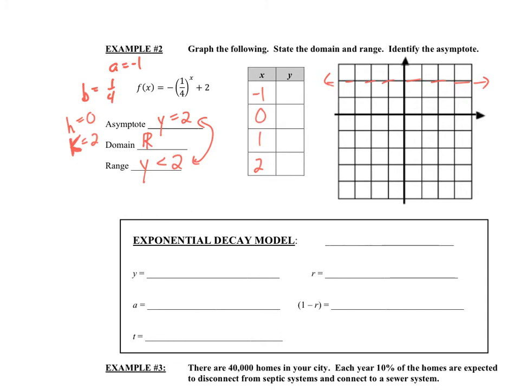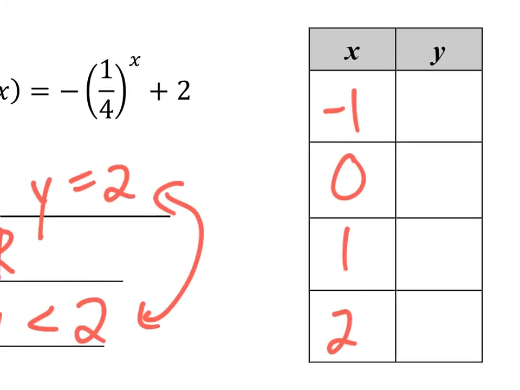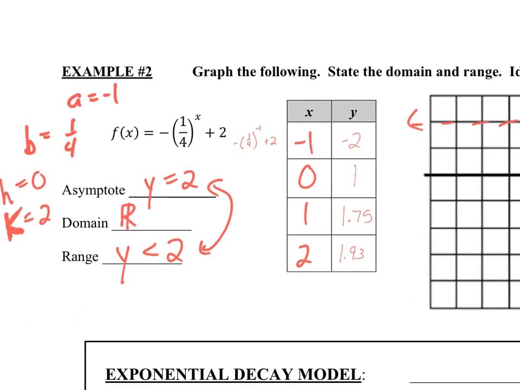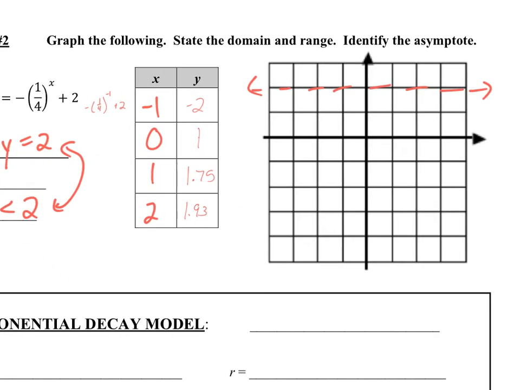When we type these in our calculator, I would type it in just as it looks there. Negative, let me zoom in. It should be negative parenthesis 1/4 to the negative first power plus 2. And you'll get 1. You'll get 1.75. And this one's like 1.93. So when we graph them, negative 1, negative 2 is right here.